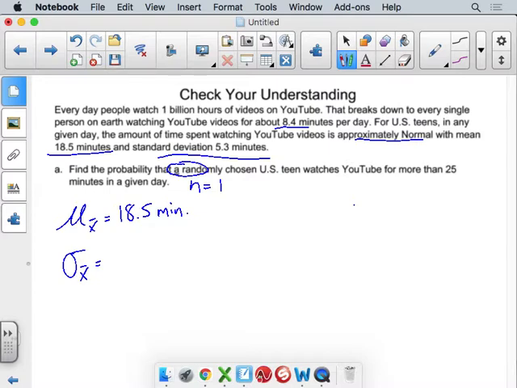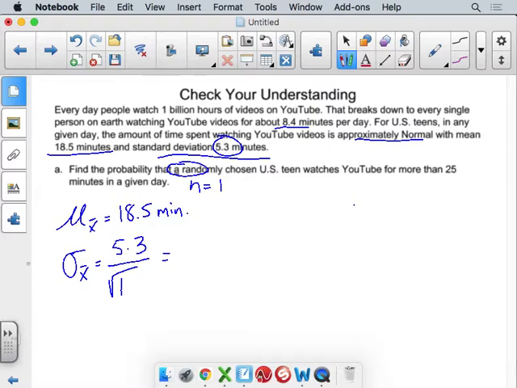Okay, standard deviation. Let's go through the formula. Take the population standard deviation, which is 5.3, and divide by the square root of your sample size, the square root of 1. I just want to do this to be careful and not get you into a bad habit.